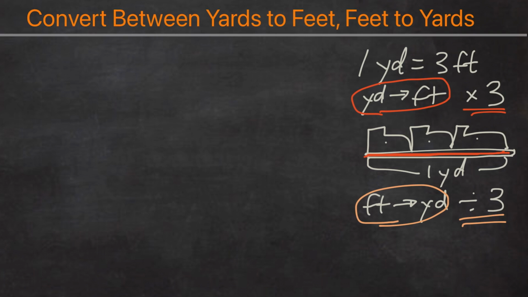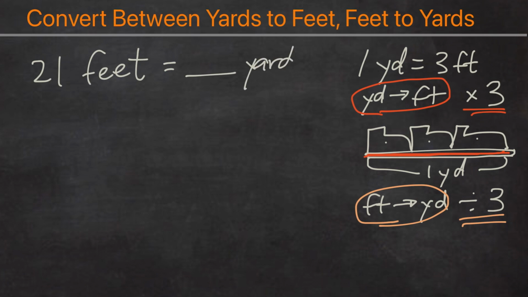Now let's try another one. 21 feet, converting to yards. So right off the bat, we know that we're gonna be using this formula here, as we're going from feet to yard. And this time we're not gonna draw out, we're just gonna go ahead and do the division.